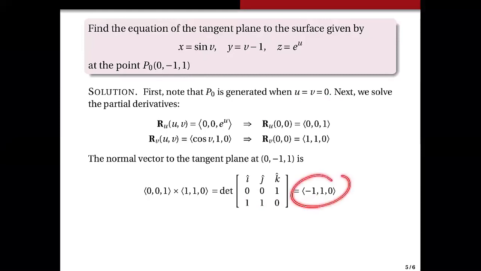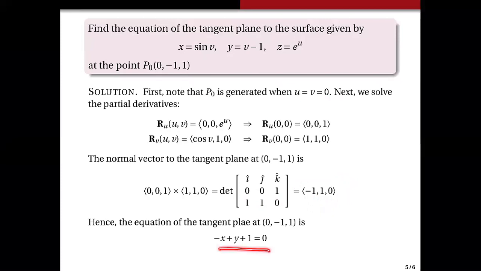Therefore, you have the normal vector, you have the point. You can write the point normal form of the tangent plane. And then after you simplify that, you will have this equation.